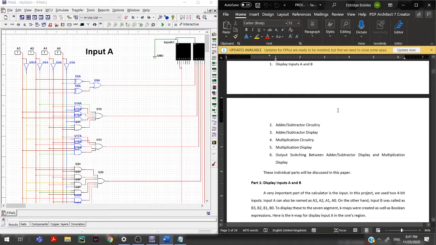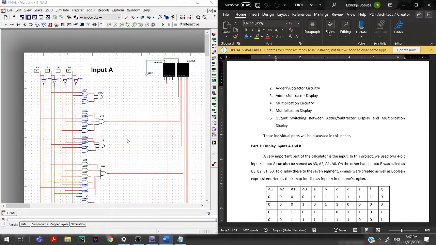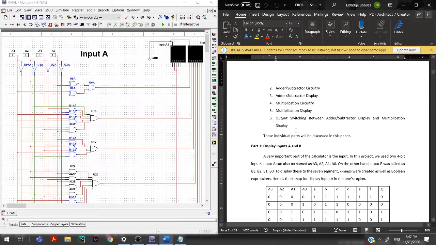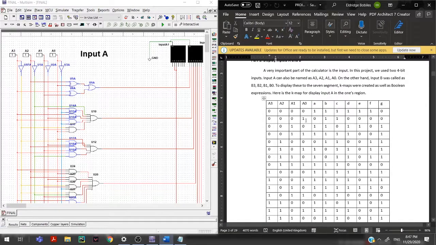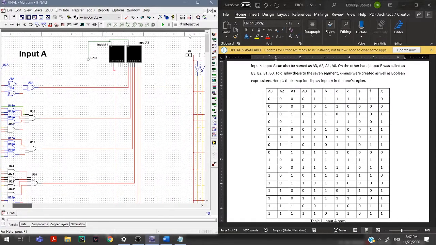So for our input, we simply need to display the 4-bit input A and the 4-bit input B on a 7-segment display. We have created a truth table for the ones digit. This is the ones part of our circuitry, and this is the truth table.